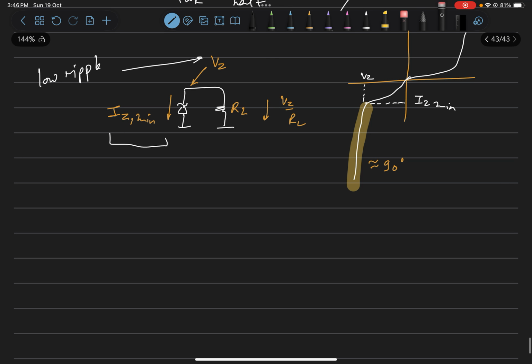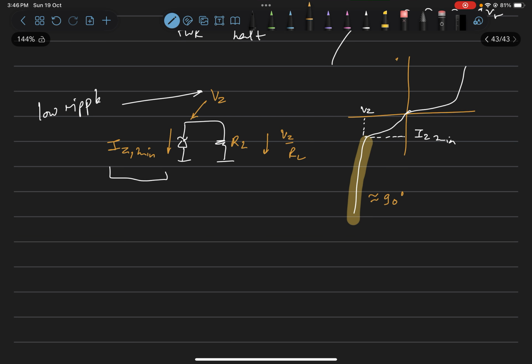If there are fluctuations in the current, then there will be fluctuations in the voltage. Let's say we have a ripple on the current flowing through the Zener in this direction, then that ripple will be converted to a ripple in the voltage across the Zener, which is our regulated voltage.